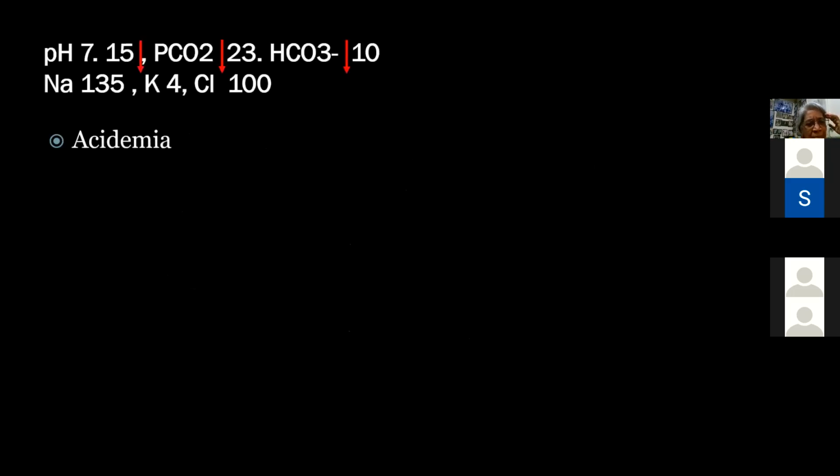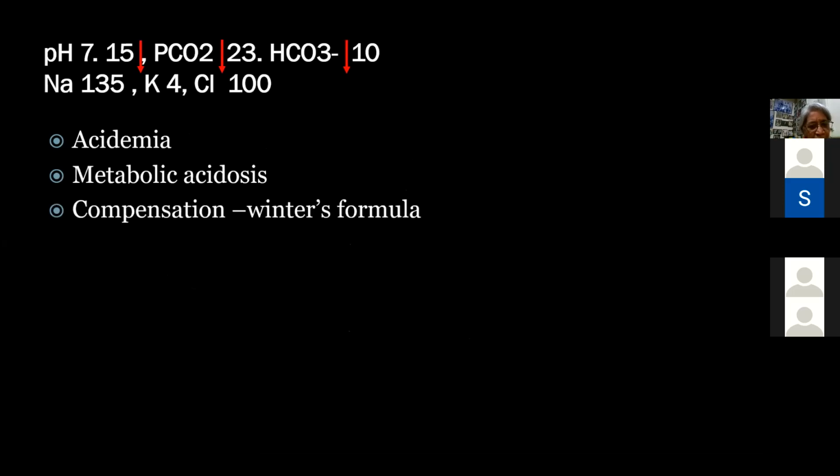So if you go systematically, what you will say is pH is low, so there is an acidemia. And it is a metabolic acidosis because the bicarbonate explains the fall in pH. The compensation by using Winter's formula should be around 23. Over there it is 18.